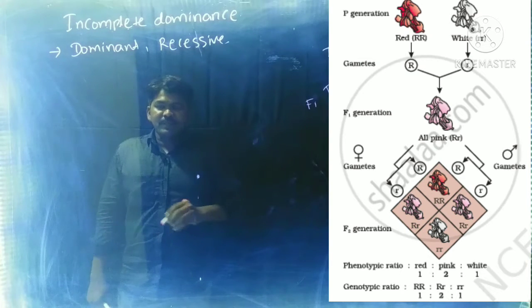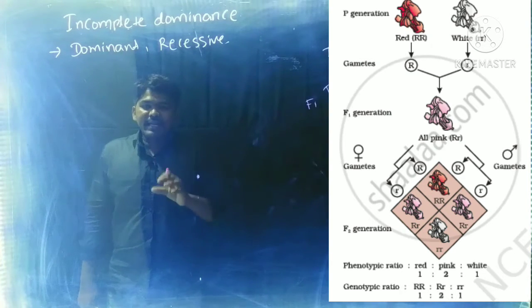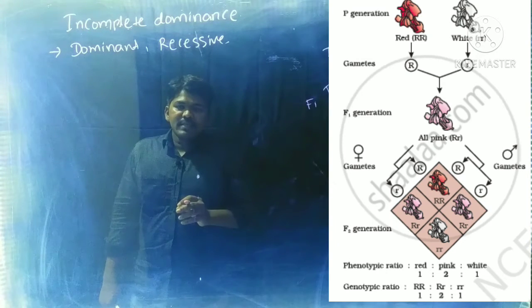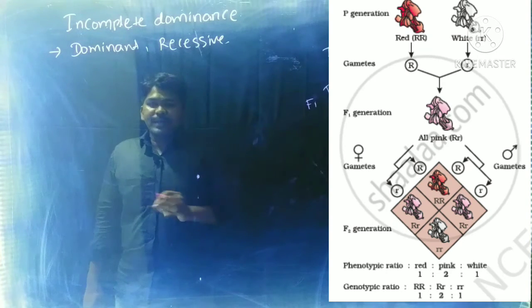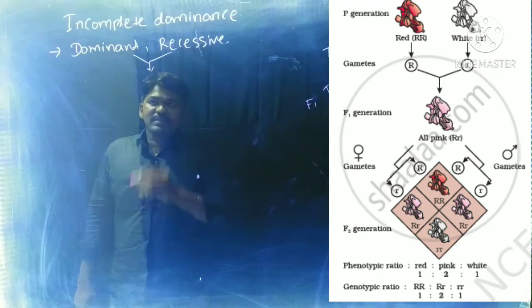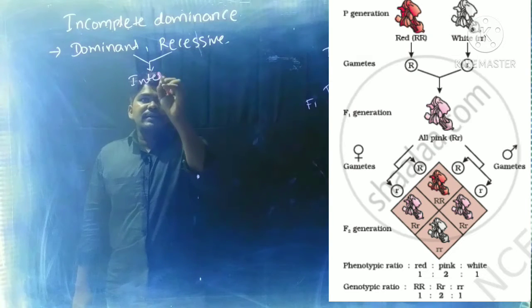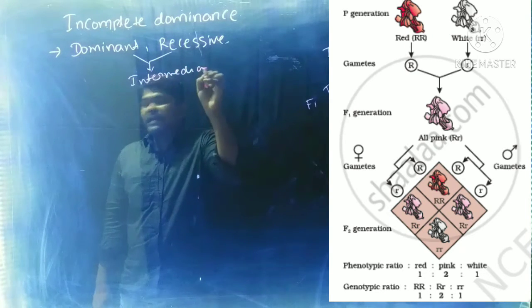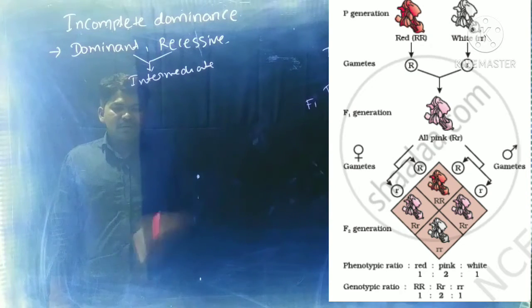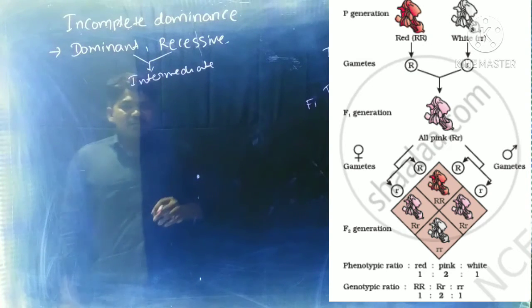Two alleles are there, but the dominant allele cannot express its phenotypic character in the F1 generation. Instead of expression of the dominant character, the F1 generation plant will express the intermediate character, which is present in between the dominant and recessive alleles.